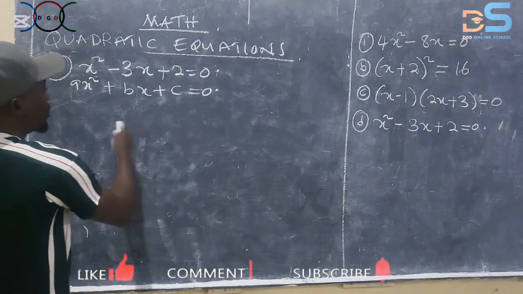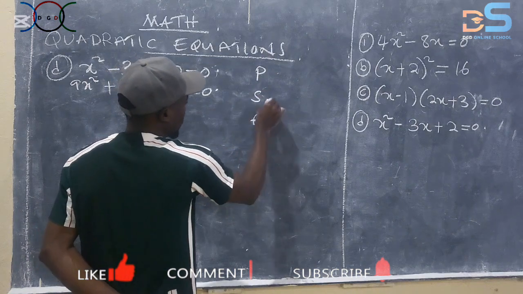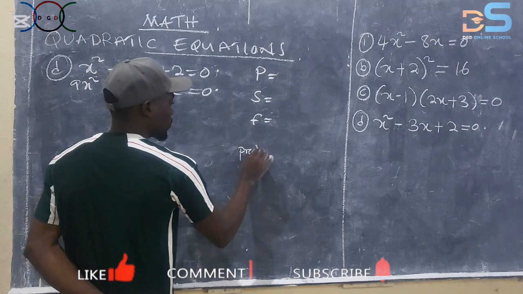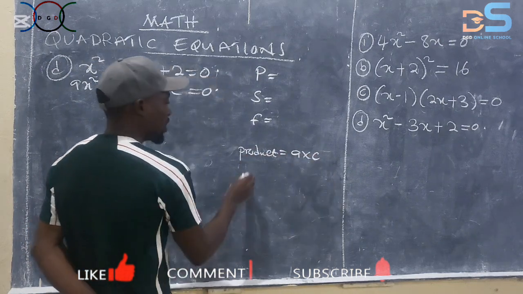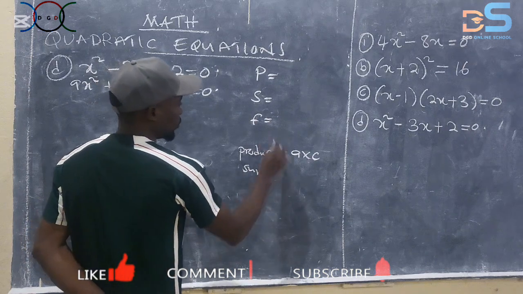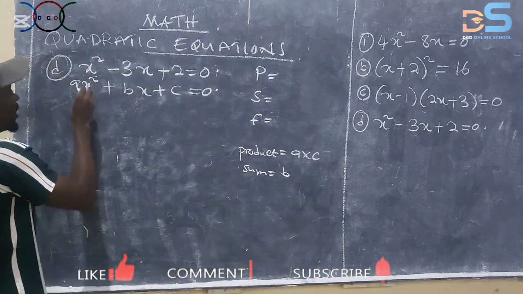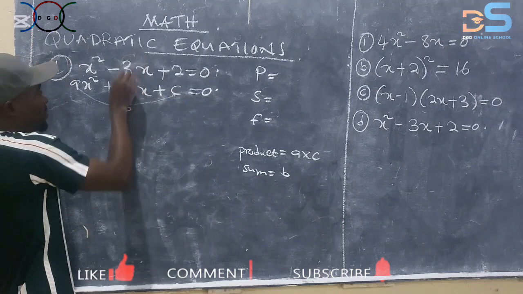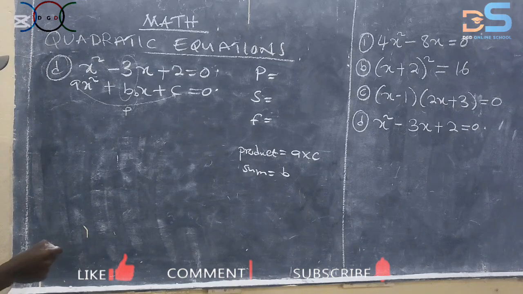So in this case, we need to find the product, the sum, and the factors. For which we know the product is equivalent to a times c. Then the sum is equivalent to b. So a times c will give us the product, and then the sum will just be our b there.